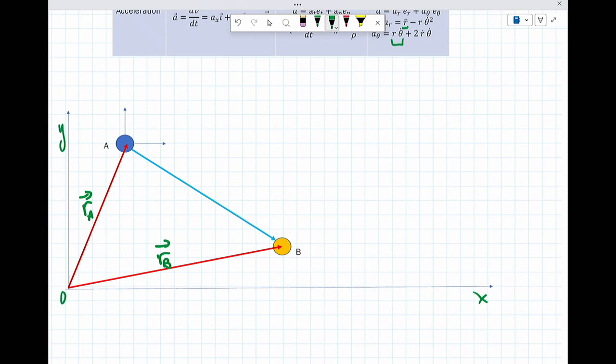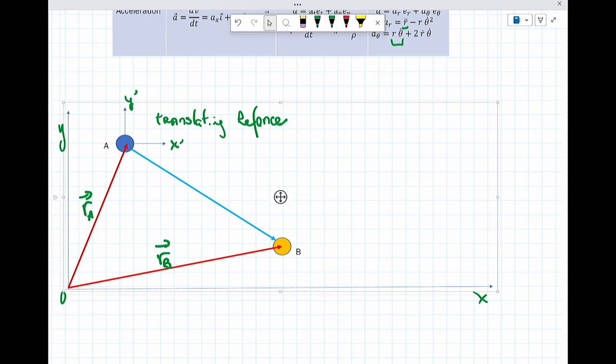But I can also define a second origin, or axes, which is translating. So I'm going to call that a translating reference, and it's going to be x prime, y prime. Now, it's oriented the same way, so I'm going to have x prime parallel to x, y prime parallel to y at this instant.